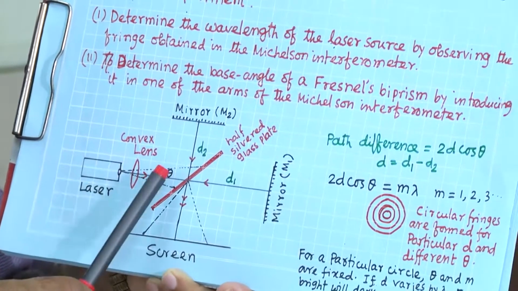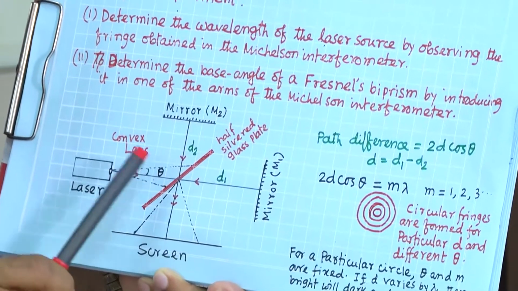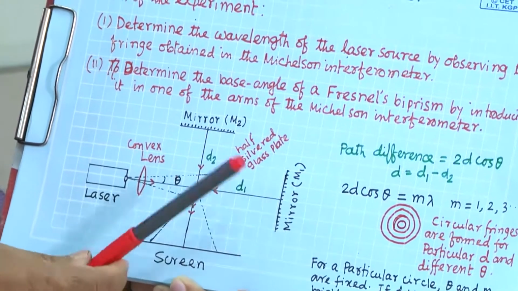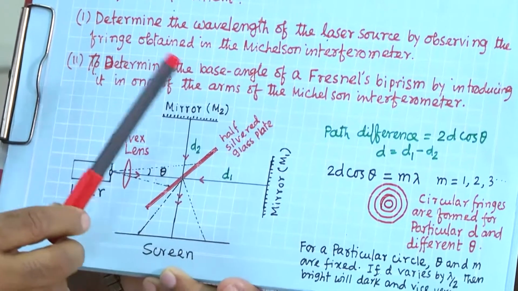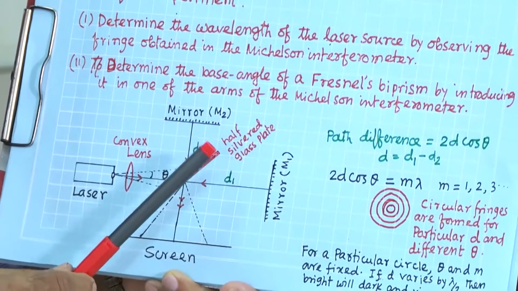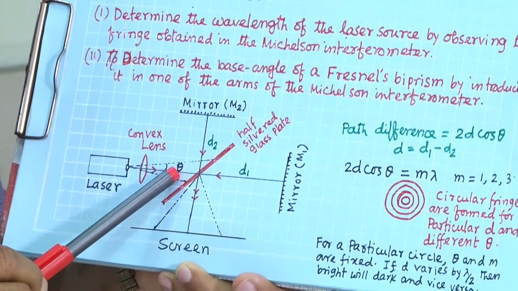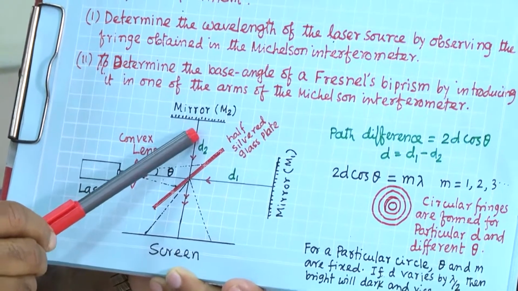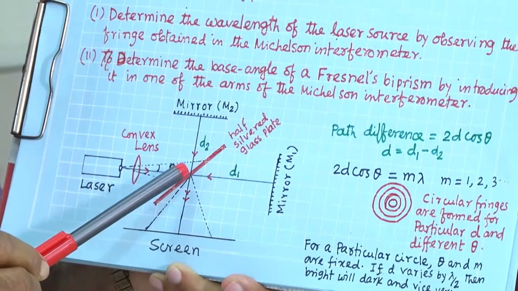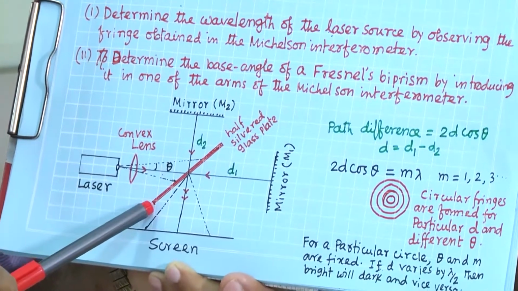Now, from this extended source, this divergent light basically falls on a half silvered glass plate, which we call a beam splitter, and the light is split into two. One part is reflected and another part is refracted through this glass plate.